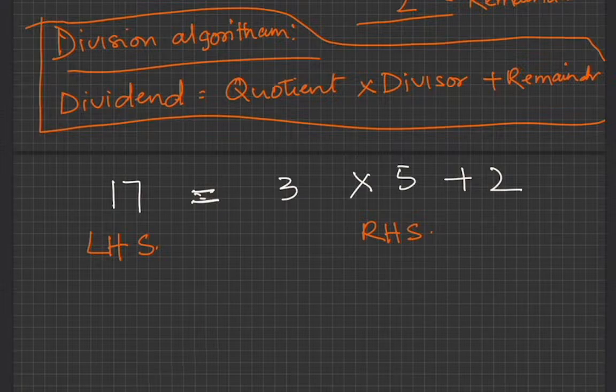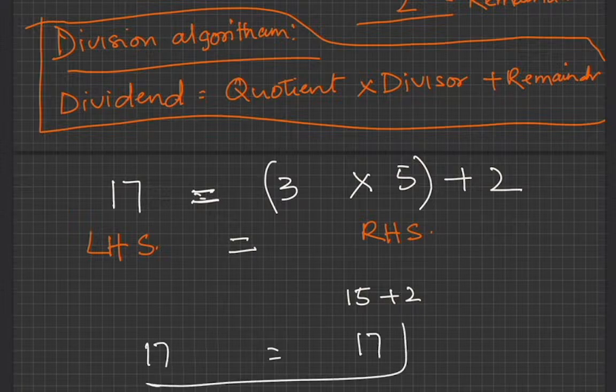An equation is supposed to be balanced. Now is that balanced? My LHS is 17. 3 times 5 is 15, plus 2 will give me 17. So 17 is equal to 17. This equation is balanced.